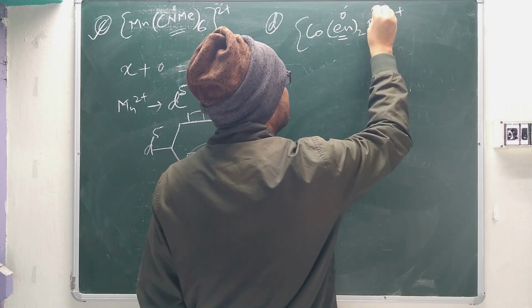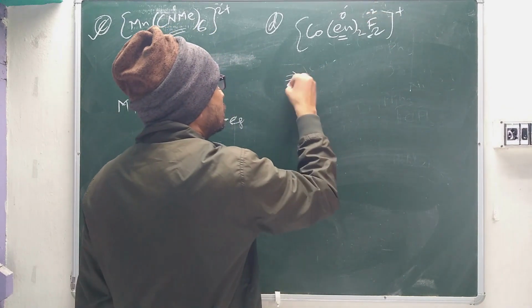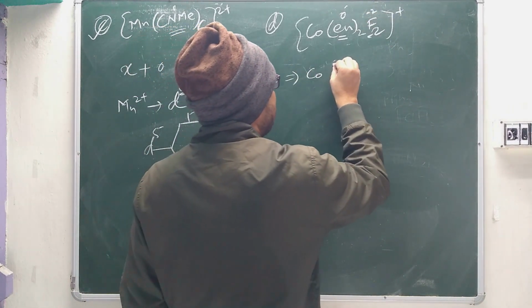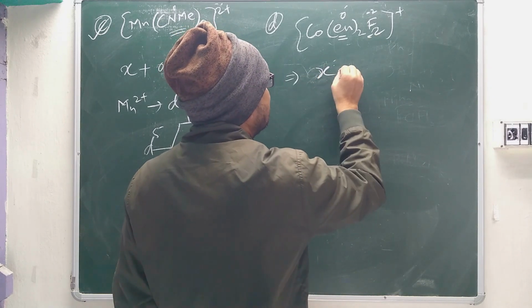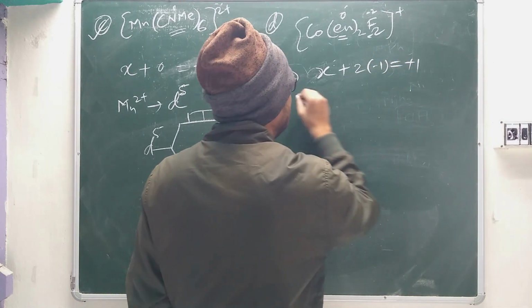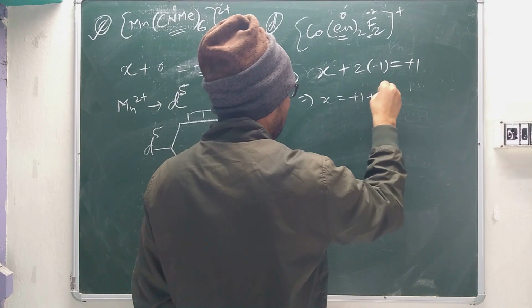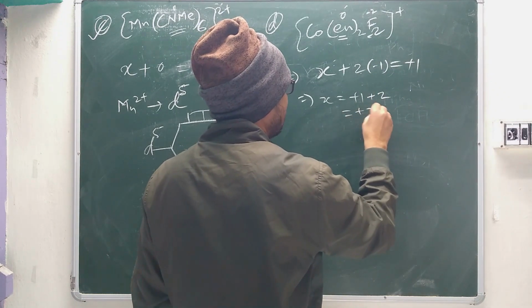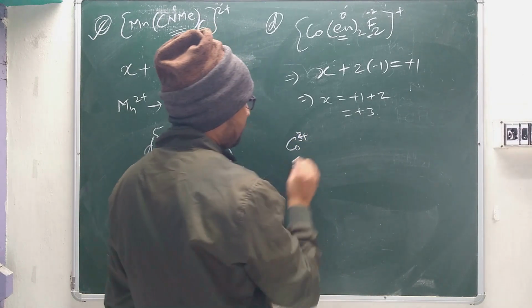This will contribute charge, so -1 into 2, so -2. So x plus 2 into -1 equals +1. Now x equals +1 plus 2. How much is coming? +3. So cobalt in +3 oxidation state.